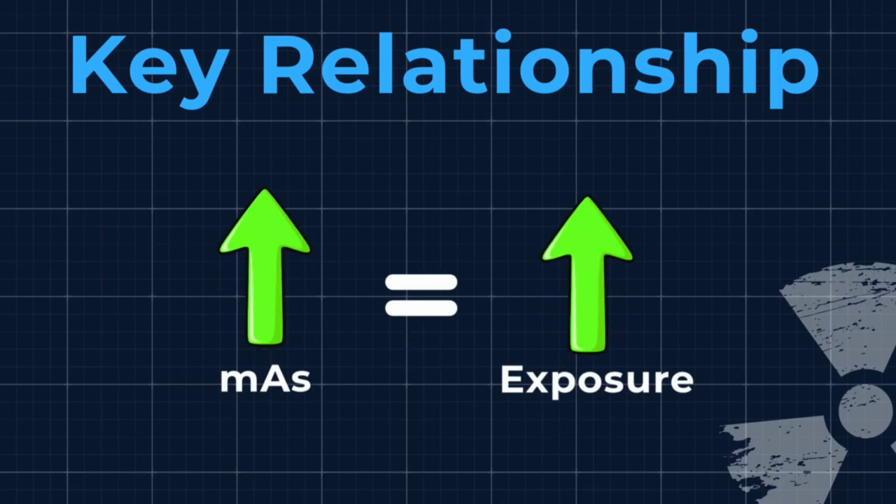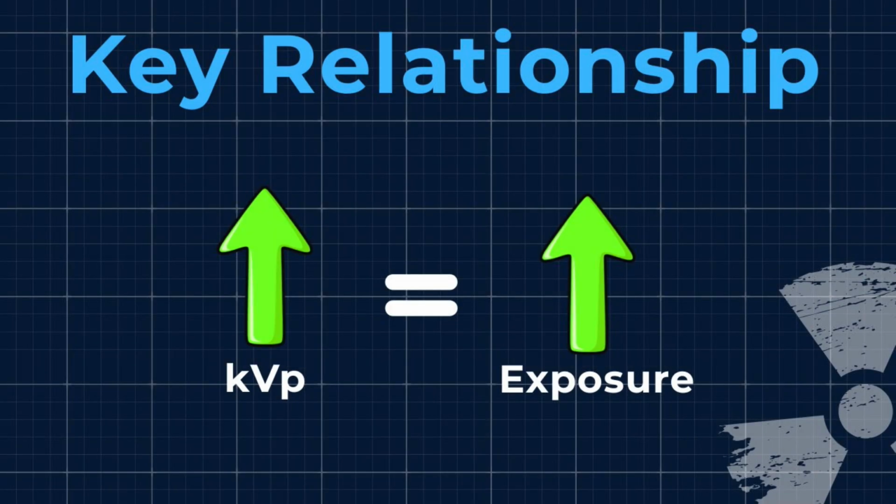And just as with absorbed dose, the same factors of mAs, kVp, and distance affect exposure in the same exact way. Increasing mAs increases the number of photons. More photons create more ionizations, therefore exposure increases. Increasing kVp can also increase the number and energy of the photons in the beam.